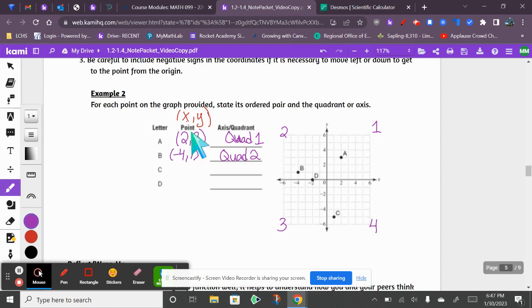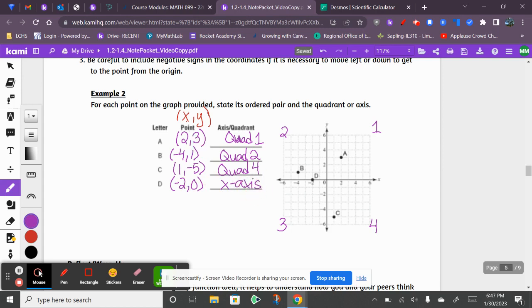So it is to the right 1 and down 5. So it is at 1, -5, and that is in quadrant 4. And for D, this one is to the left 2, but it doesn't go up or down at all. So it's at -2, 0, and we can see that it's on the x-axis.